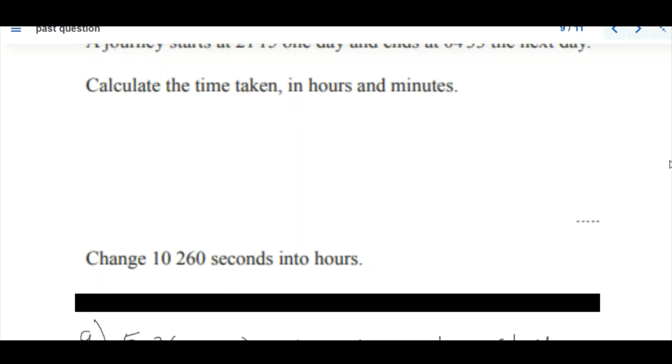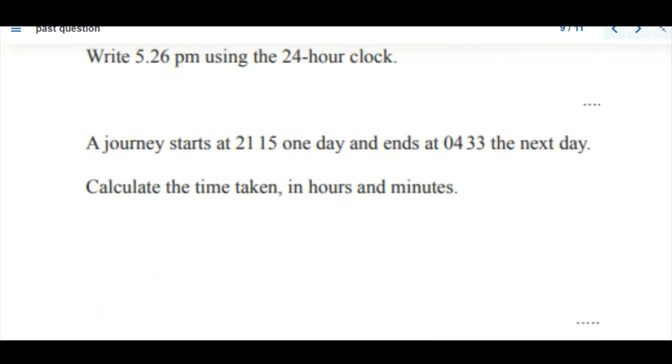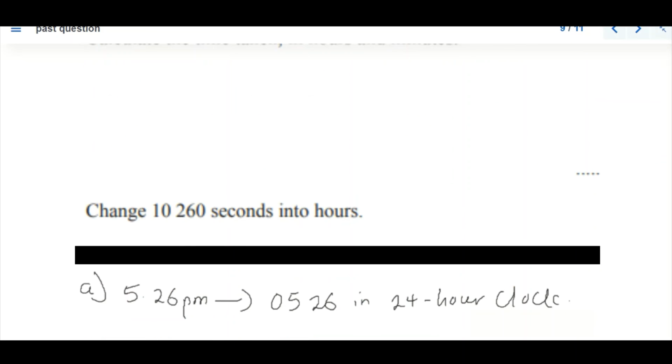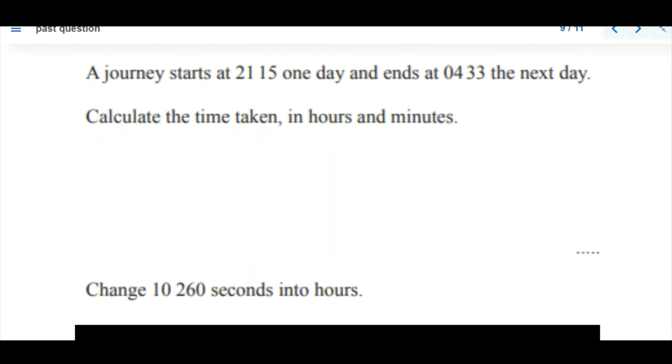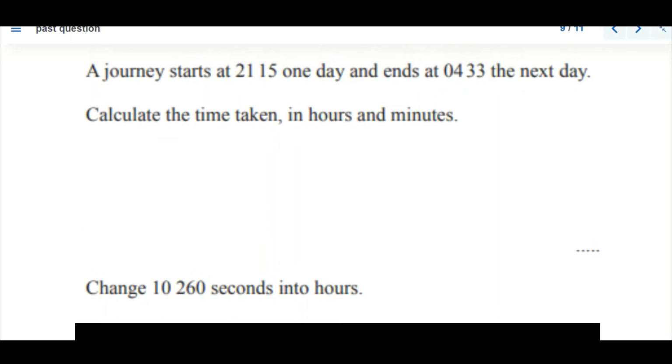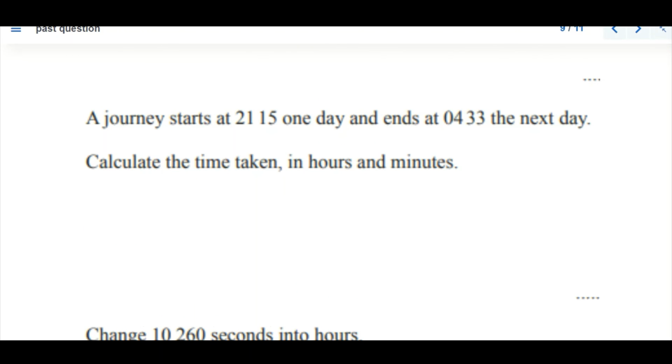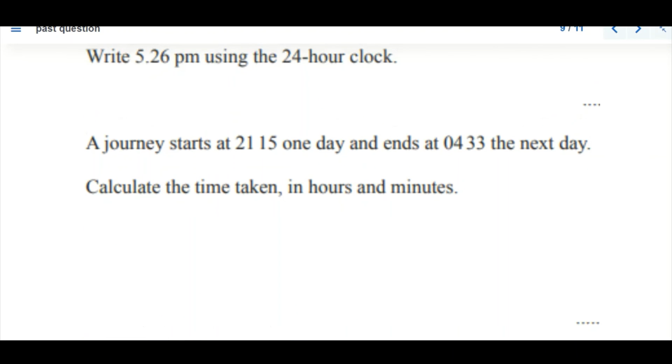By the time we are expressing it, it's going to be 0526. That is, we are expressing it in 24-hour clock, so we are removing the PM from the written question.